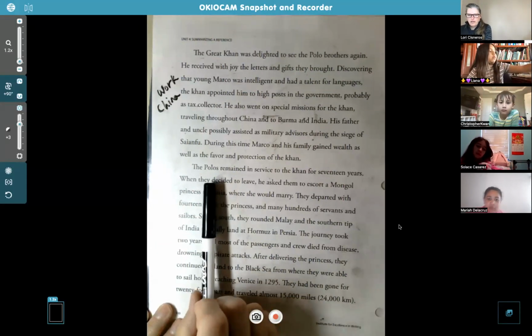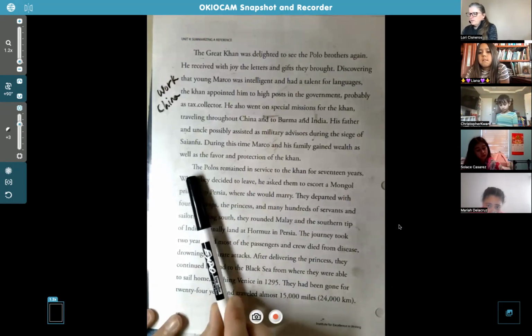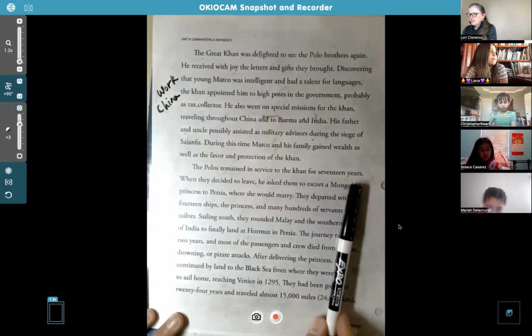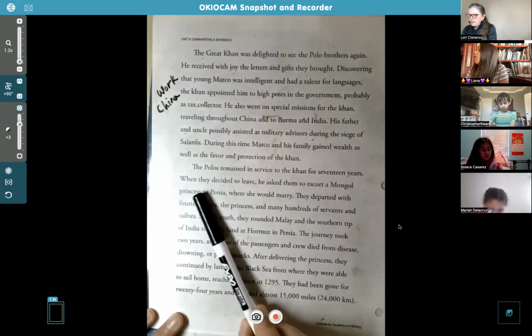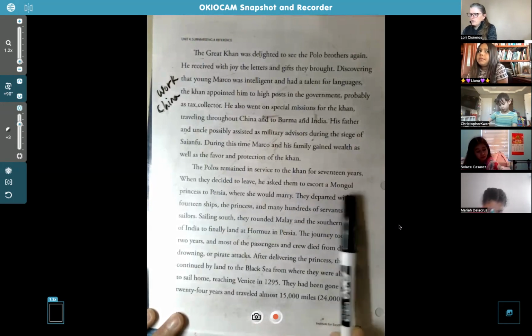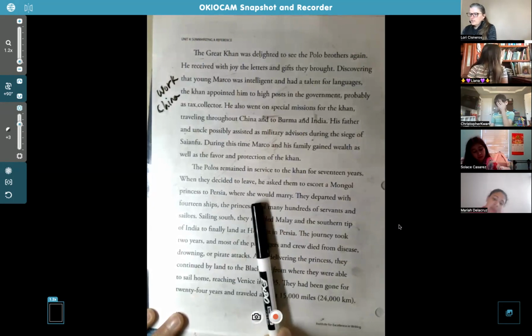Okay, I'm going to keep going right here. We're going to do the same thing. Keep underlining as you come across stuff that you think is interesting. The Polos remained in service to the Khan for 17 years. When they decided to leave, he asked them to escort a Mongol princess to Persia, where she would marry.